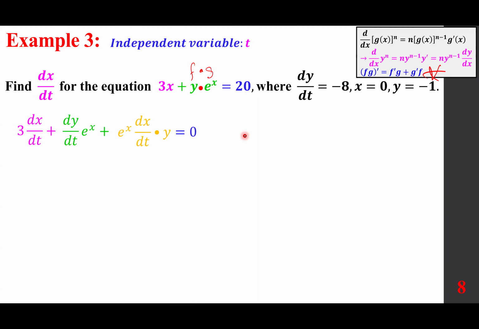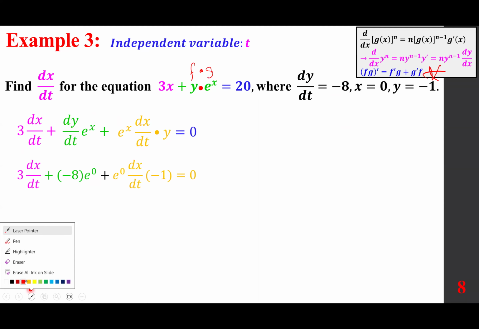Just plug in. We're going to do this again two ways for practice. First, I'm going to plug in. That means dx/dt is missing. dy/dt is replaced with negative 8. e to the power of x is replaced with 0 here and here. dx/dt is missing. y is replaced with negative 1. When we do that, notice that e to the power of 0 is 1.